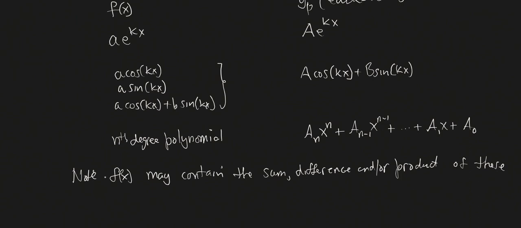If you think about it, once you start dividing functions and then have to differentiate them, it gets a lot more complicated. So in the most extreme form, your f of x could contain any finite sum, any finite difference, any finite product of these functions.